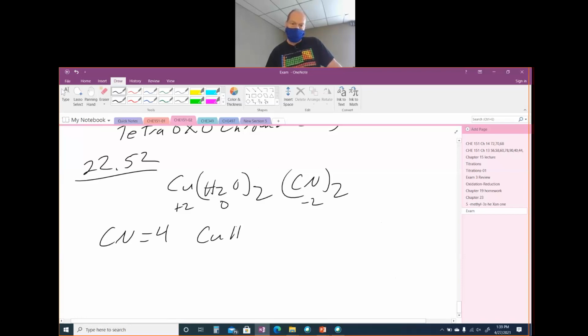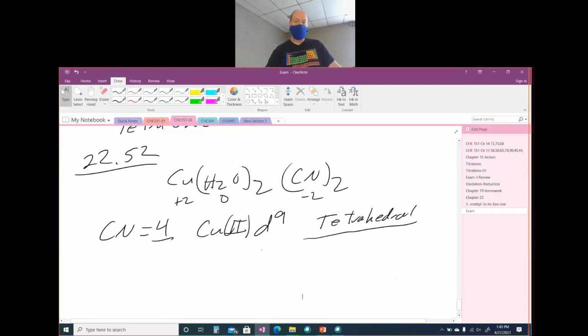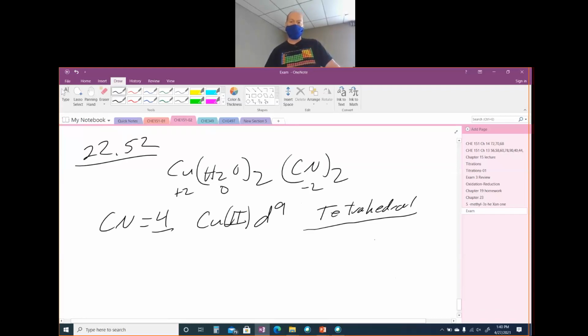Look at the number up top of the copper, it is 11. So copper 2 is D9. And so when your coordination number is 4, you are going to predict tetrahedral. The only time you're going to predict square planar is if you have a D8. So any other D electron count with a coordination number of 4 is going to be tetrahedral.